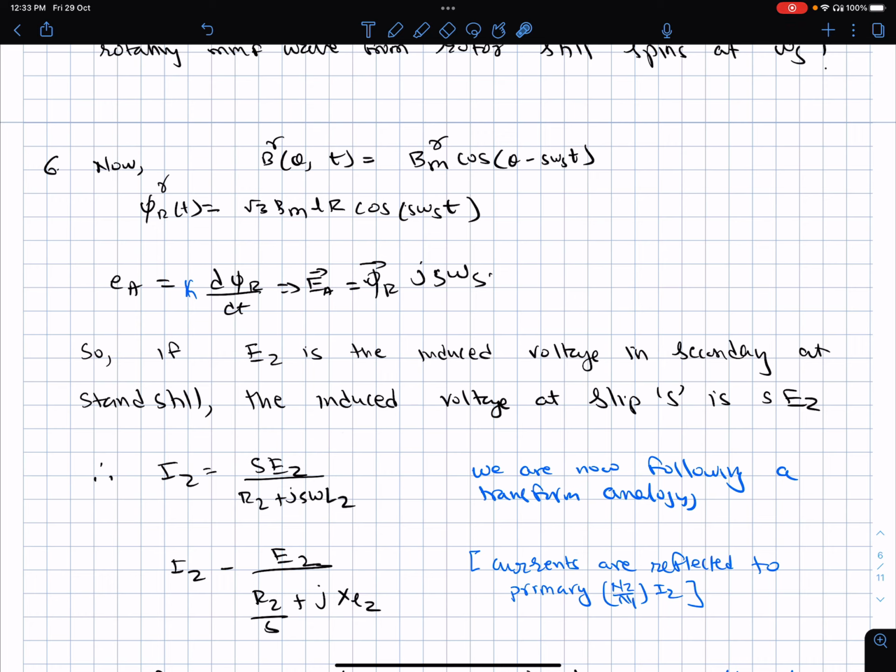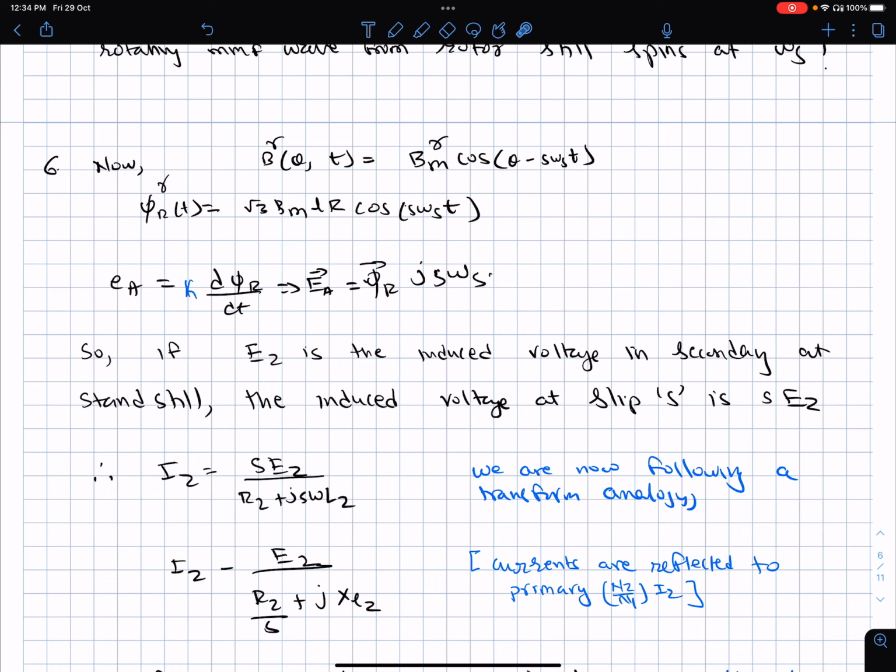So this voltage at standstill is going to be phi r j omega s. Now it is s times phi r j omega s. If this is written as E2, the voltage induced at standstill, then the voltage which is going to be induced at slip frequency is sE2.